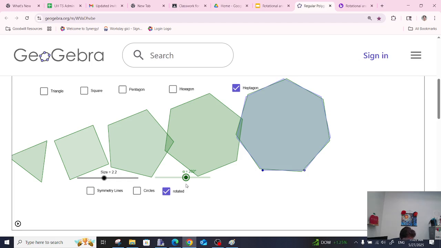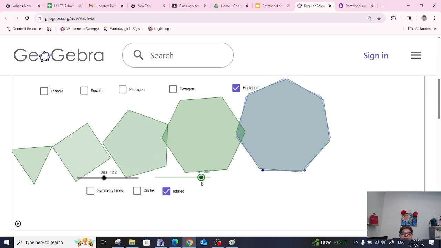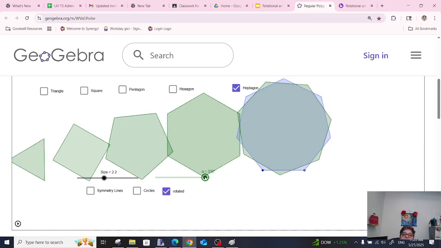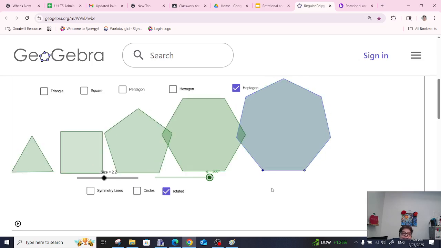That's 206 plus 54, 260. Yeah, about there. Because of the rounding, it gets a little funky here. That was like 258. And then there was another one like 312, about 310 because of rounding. And then 360.